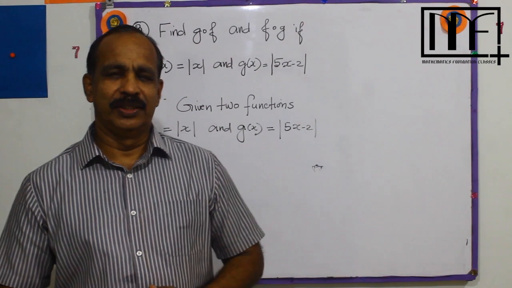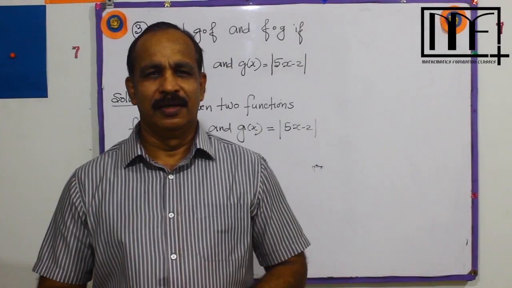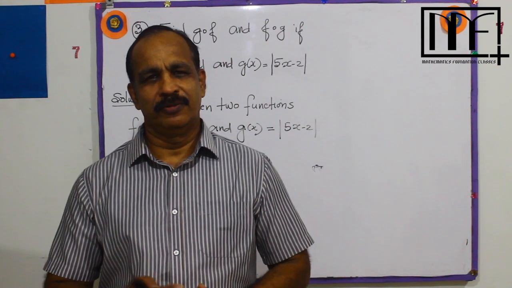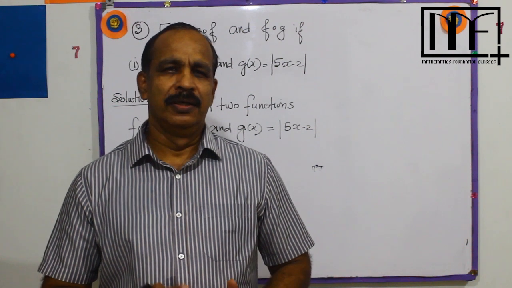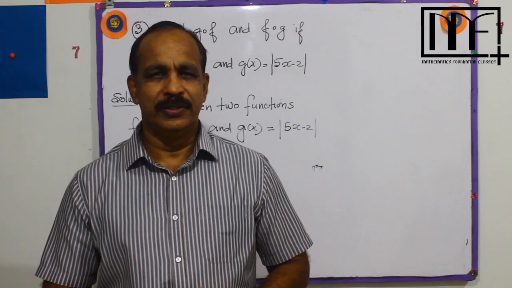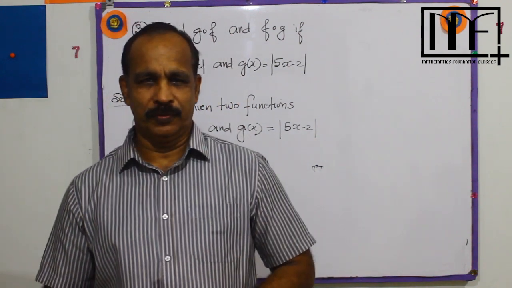Third question, find the composite functions g of f of x and f of g of x. We have two functions here: function f, which is equal to modulus x, and the function g, which is modulus of 5x minus 2.